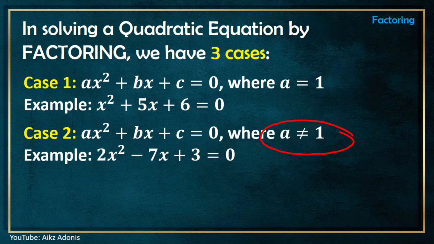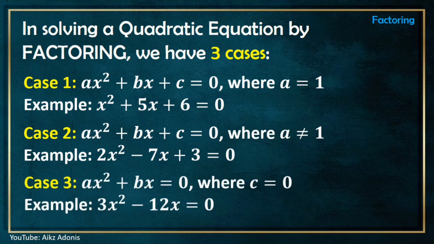So your a here can be 2, 3, 4, and so on. So for example, we have the equation 2x squared minus 7x plus 3 equals 0. And in case 3, you are given a quadratic equation in the form ax squared plus bx equals 0, wherein your c here is equal to 0. For instance, we have the quadratic equation 3x squared minus 12x equals 0.